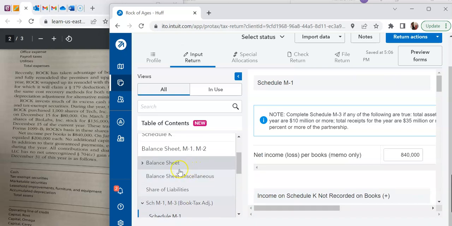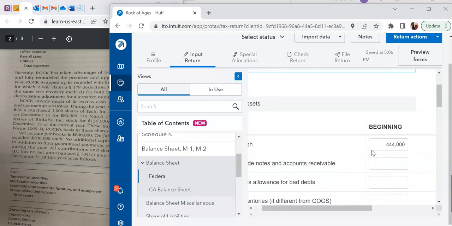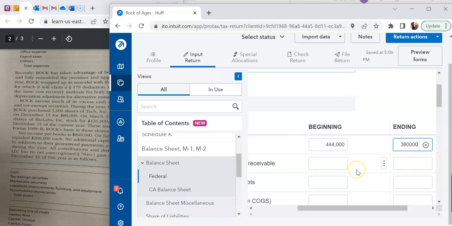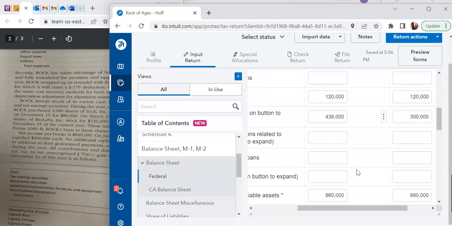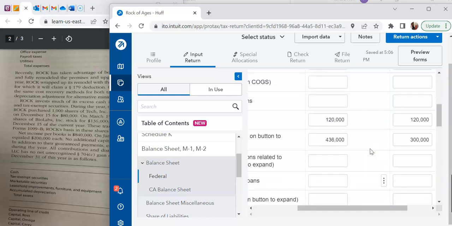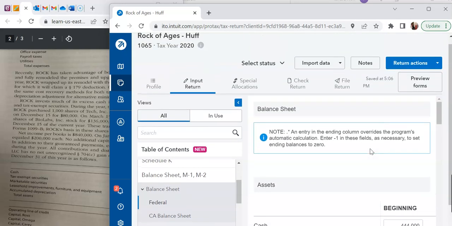Such pain. Balance sheet, federal. And I'm going to go ahead and tell you that your cash ending is $380. Do I have all the other ending balances in there? Okay, I still have to do the gains and losses and the depreciation. So let me find that and I'll turn the recording back on.